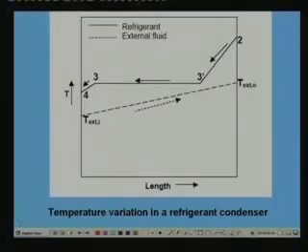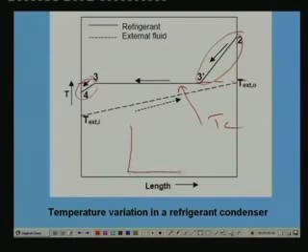That means, the temperature inside the condenser is assumed to be equal to the saturation temperature at the condensing pressure. That means we assume that the temperature remains constant at the condenser temperature value. We neglect the temperature variation in the desuperheating region as well as in the subcooling region. So, as a result you find that under these assumptions the temperature profile will be something like that.